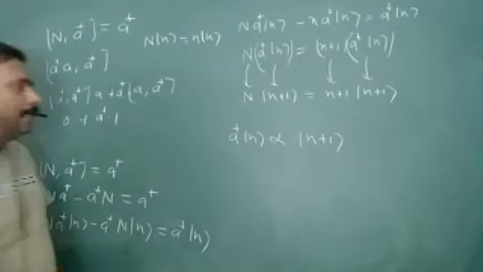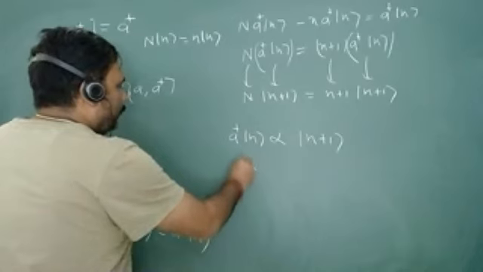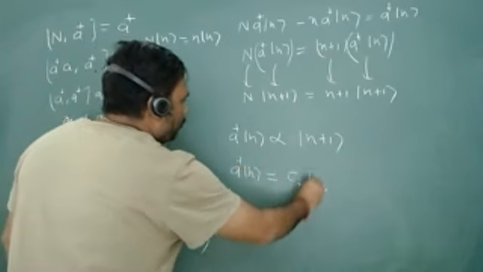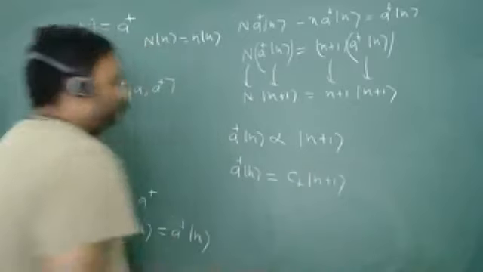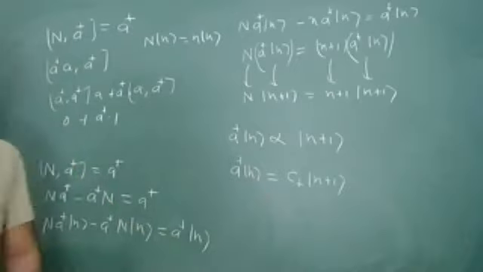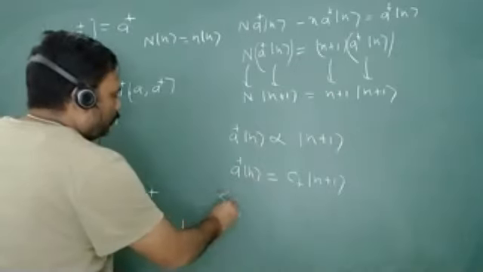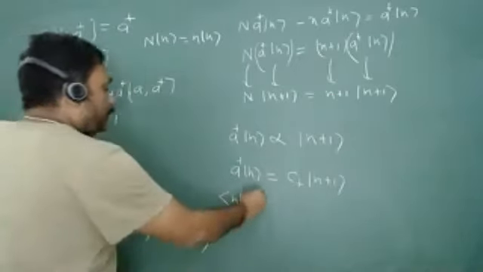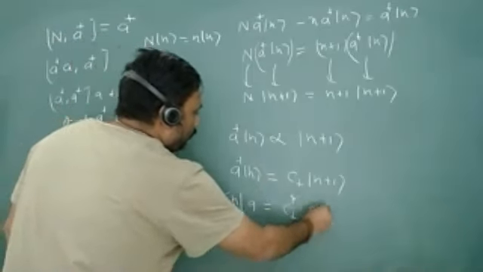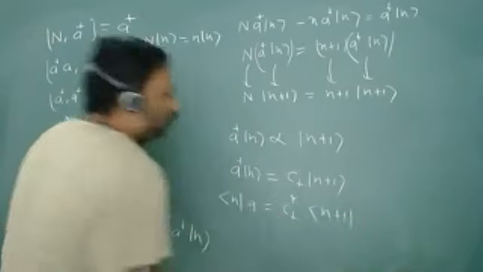So I can write A dagger n is equal to, let's say, C plus times the ket n plus 1. And now we can take the bra part of this. Then what will happen? You can write bra n times A, since A dagger daggered is A, is equal to C plus star times bra n plus 1.